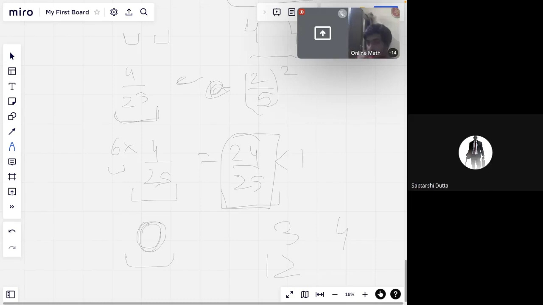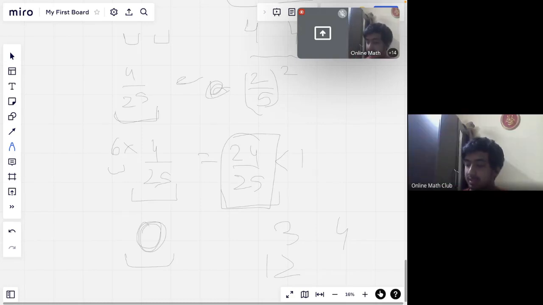That's true because 4 by 25 is the probability that some specific problem is missed by both of them. So the expected value will be 6 into 4 by 25. You can check later that what I'm saying is fully proper by trying this problem.